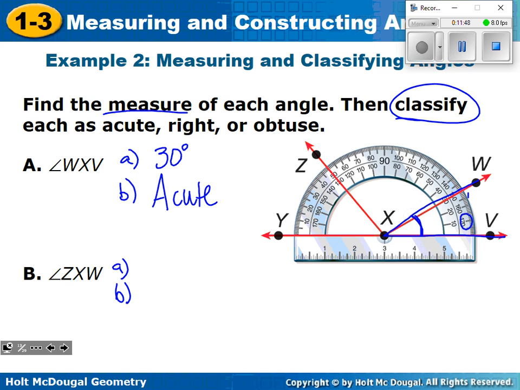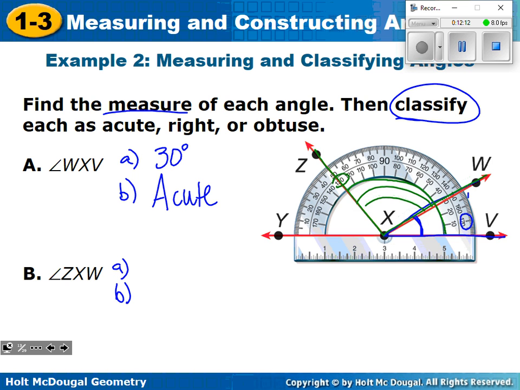Now on the next one, if I were actually measuring this, I would just simply turn my protractor so that I could line up my angle, because on part B it says find the measure of ZXW. Well, that's this angle, but it's not starting at 0, right? So if we were really measuring it, we would take our protractor and turn it like this, right? And then read. But because we're using the picture on the paper, we're still going to start at 0 and read around to here.